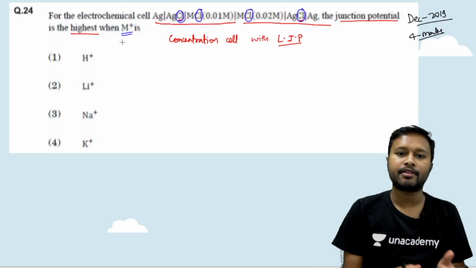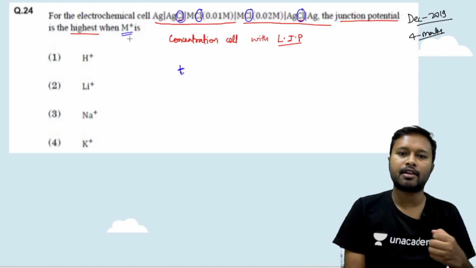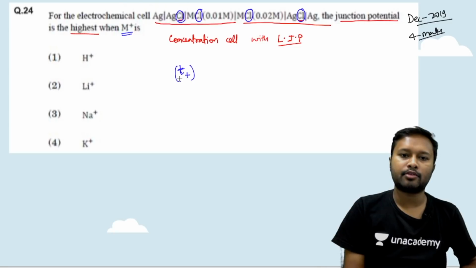So the liquid junction potential over here depends upon your transport number, right? So whose transport number is responsible? Because here the cations are responsible for the charge transfer, the transport number of the cation is going to be responsible for this. Now with this transport number, you have to put RT upon nF, and then ln of A2 upon A1.